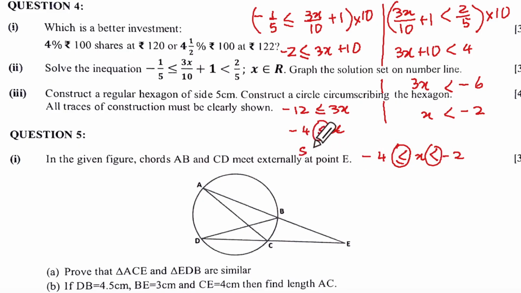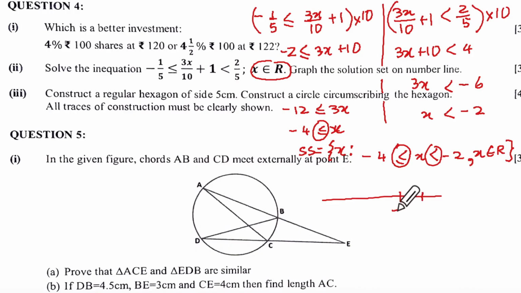For the solution set, I'll say solution set equal to set of x such that, then I'll write this, put comma, and what did they say? X is a real number. So when it is a real number, between minus 4 and 2, everybody knows how to do this.